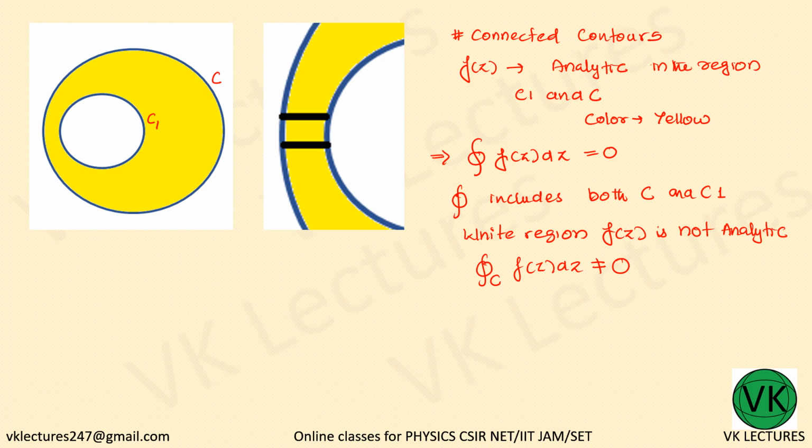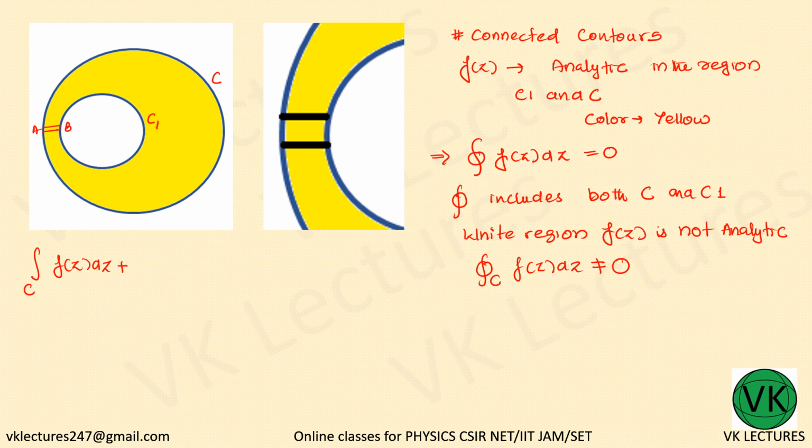Then the integral goes like this: the integral over the contour C of f of z dz plus, now there is a discontinuity. Let us define two lines here which move from a to b, then back from b to a. This is in an enlarged way.